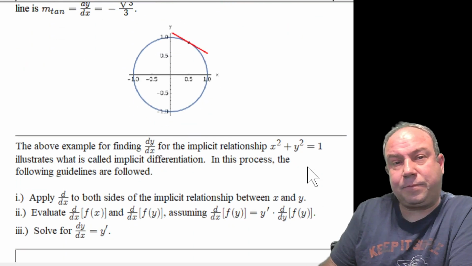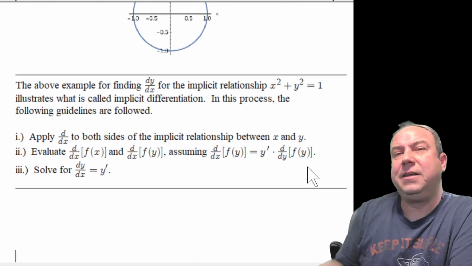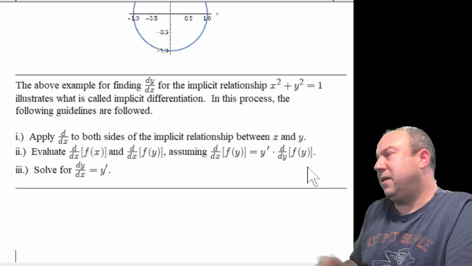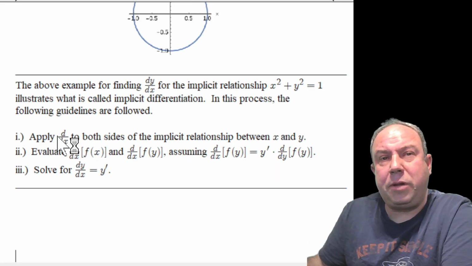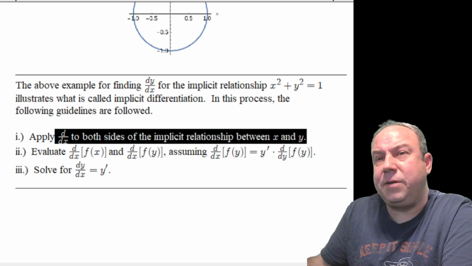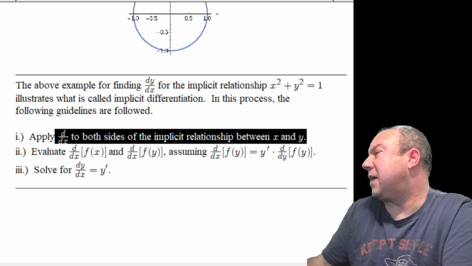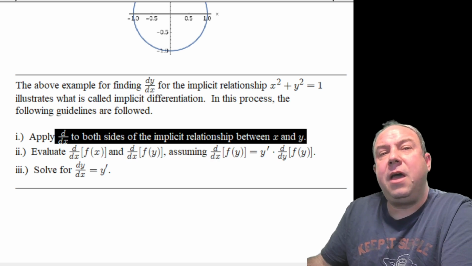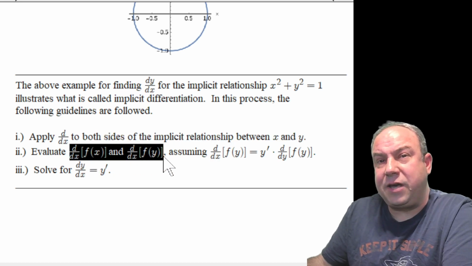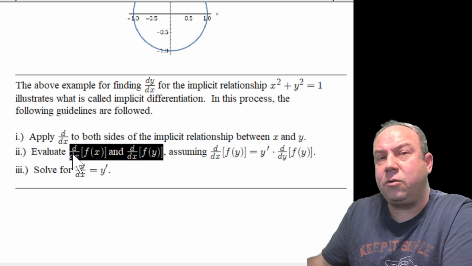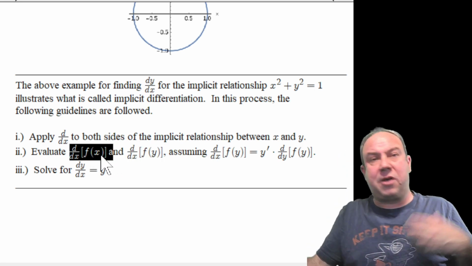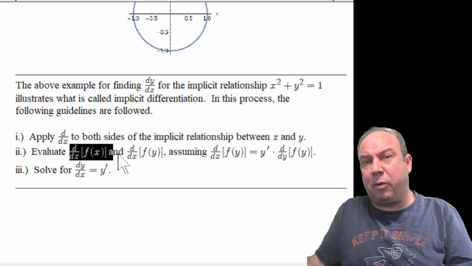Now, when we do move on, again, how do we apply this technique? Well, you apply d/dx to both sides of the relationship between variables x and y. And when you apply it to both sides, you're then going to have to evaluate all your derivatives for functions of x with respect to x, and that happens with all the rules that we've developed up to this point.